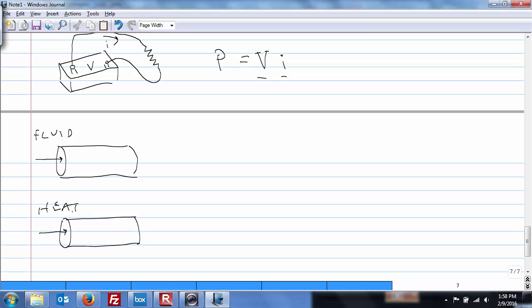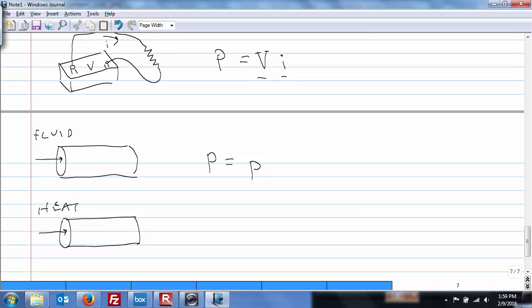And yeah, how do we want to write that? Well, let's just write it like this. Power, in the case of the fluid, there are a couple of different ways to write this, but let's just think of it as more or less the pressure. So again, the pressure is your across variable.